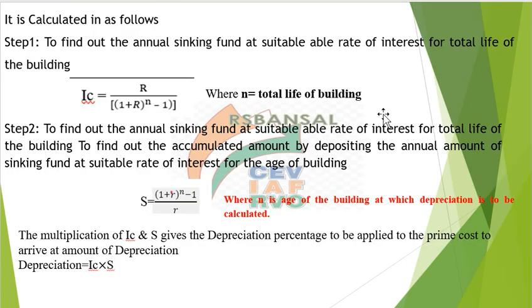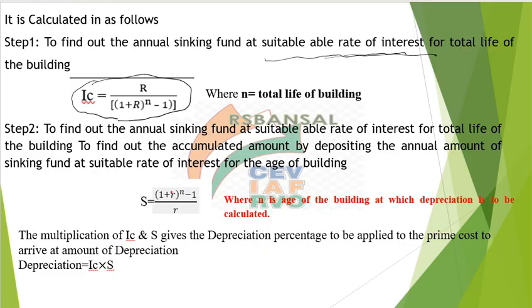In the first step, you have to find the sinking fund coefficient. The sinking fund coefficient IC is equal to R divided by (1 plus R) raised to power n minus 1, where R is the rate of interest. We will be assuming a suitable rate of interest for the sinking fund.